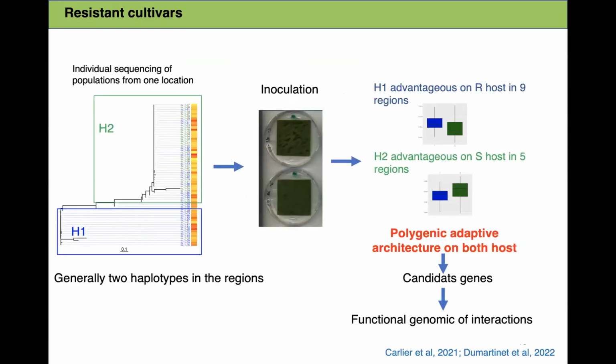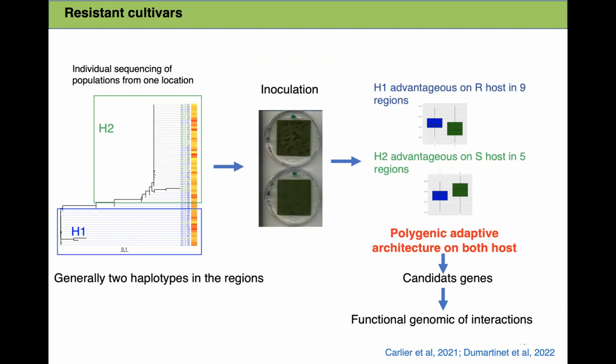And with the isolates from one population and from the individual sequencing of these isolates, we found in most of the regions two different haplotypes called here H2 and H1. And we then inoculated again the isolates having these two different haplotypes on both cultivars.